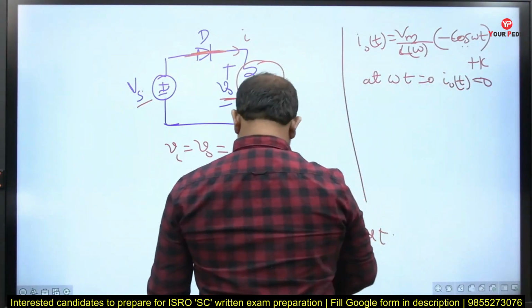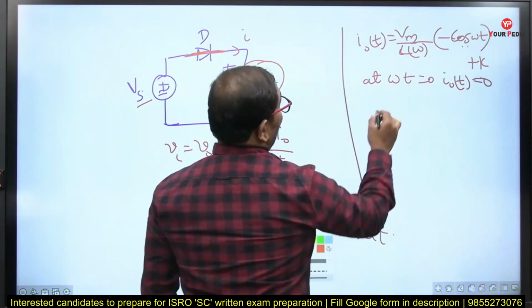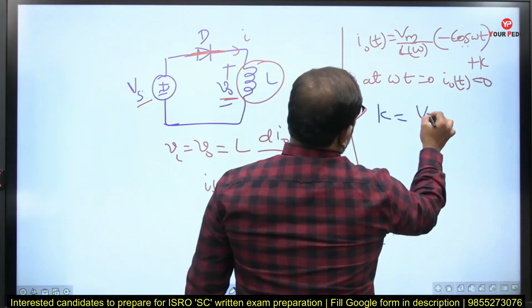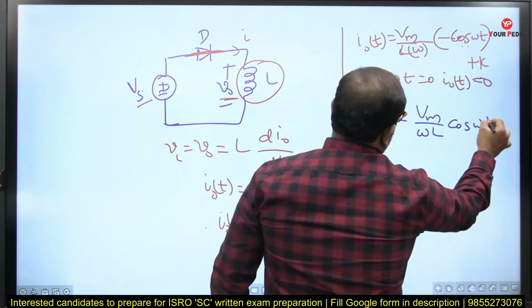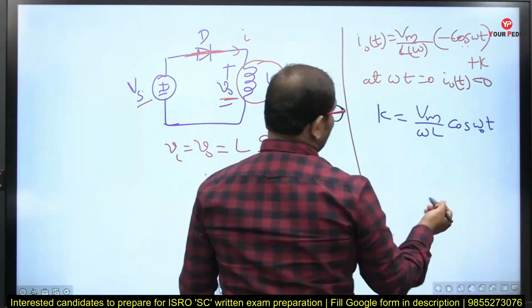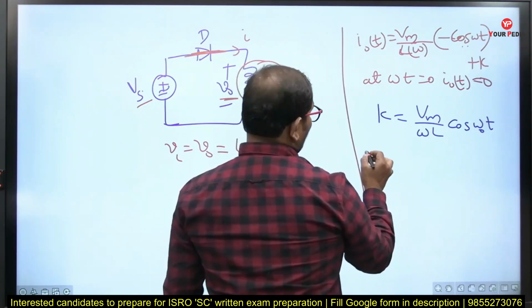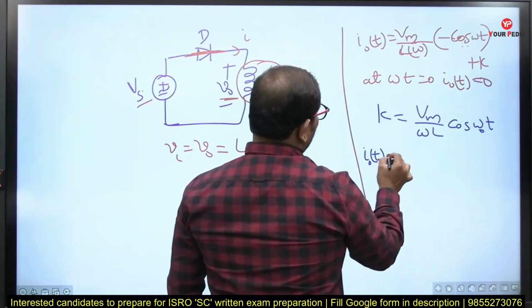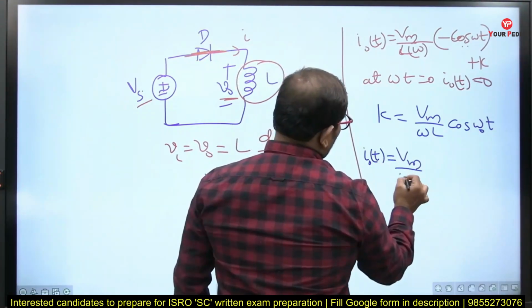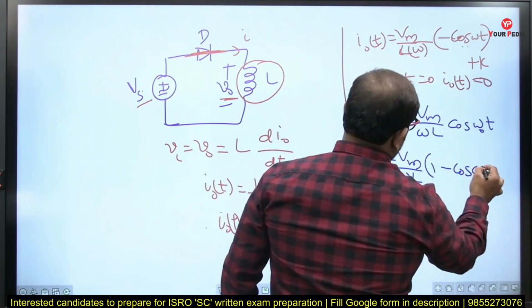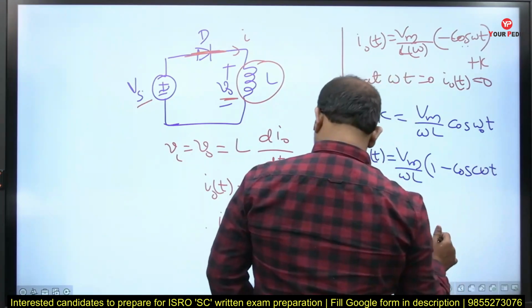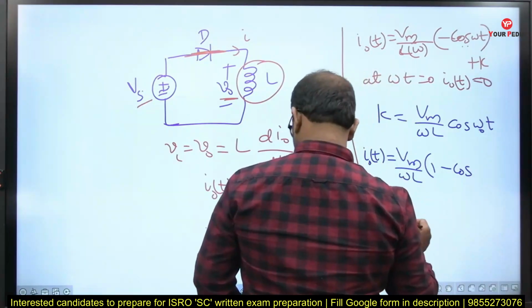If I substitute this value, I get k equal to Vm by omega L times cos 0. So the final current expression is i0(t) equal to Vm by omega L times (1 minus cos omega t).